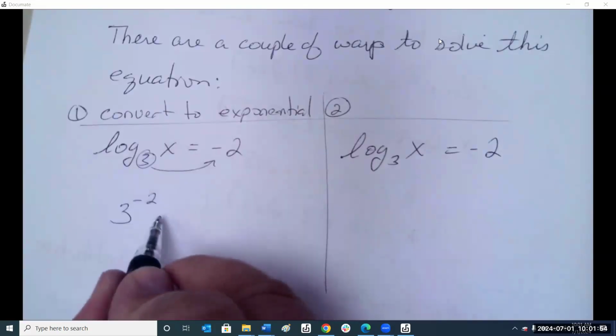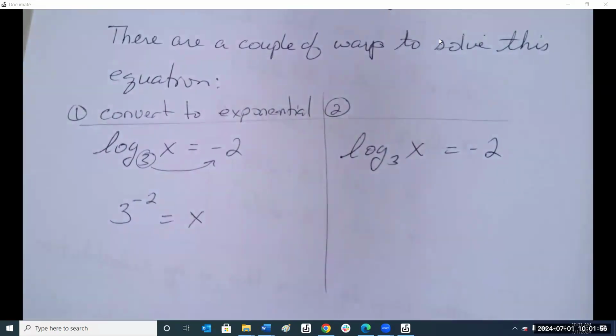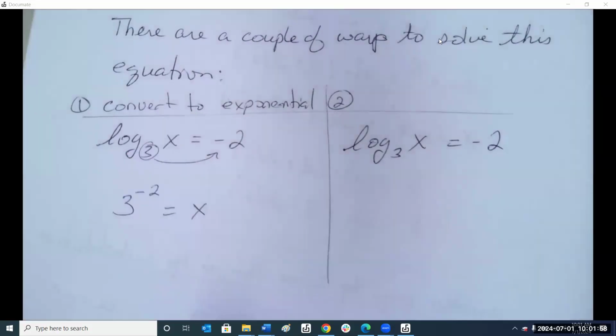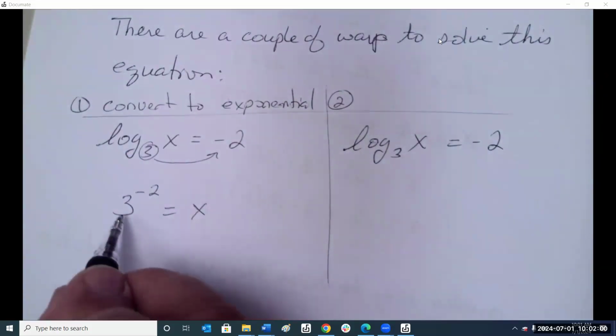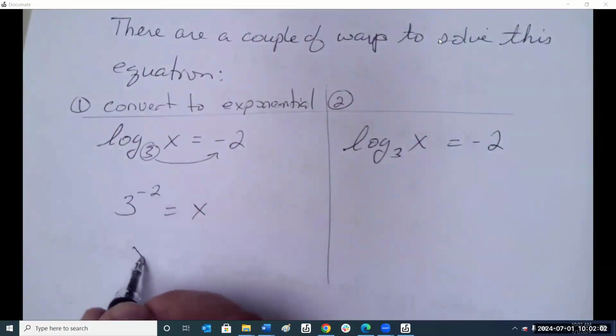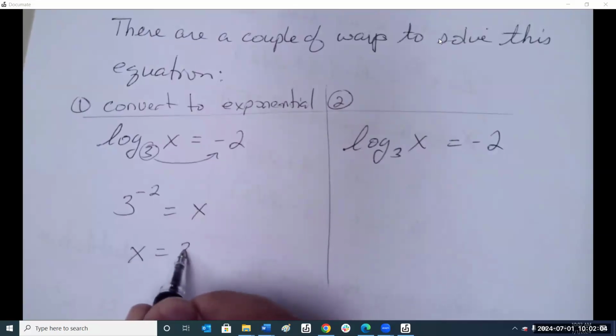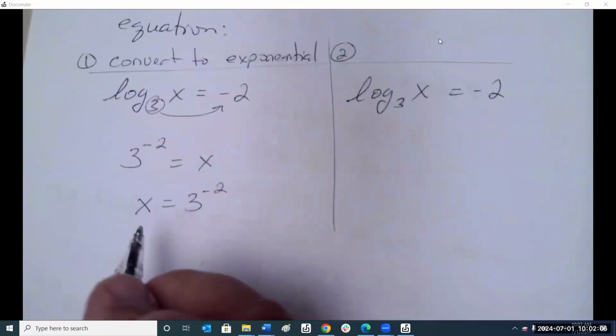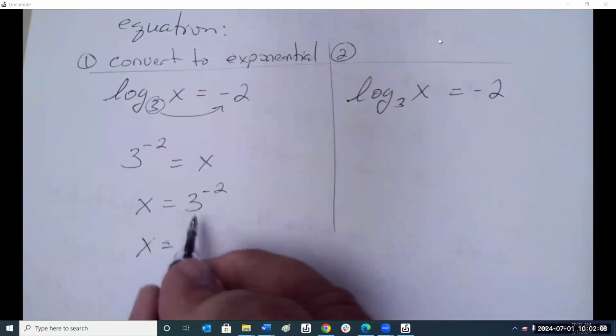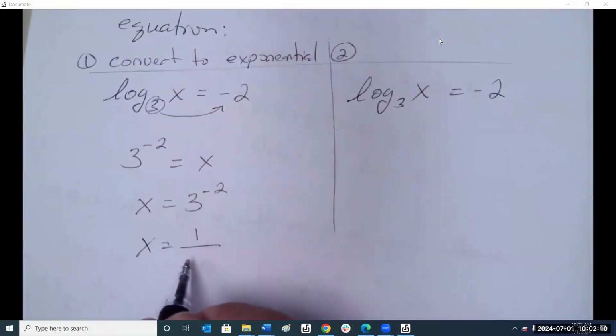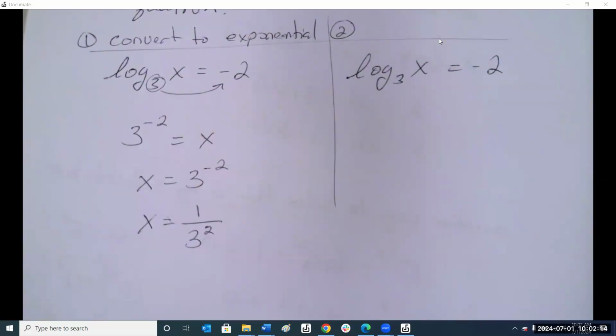The log drops off, and it equals x. So we have x equals 3 to the power negative 2. Negative 2 simply means we change the location of it. So x is equal to 1/9.